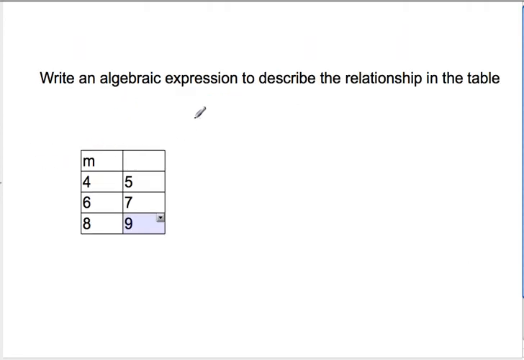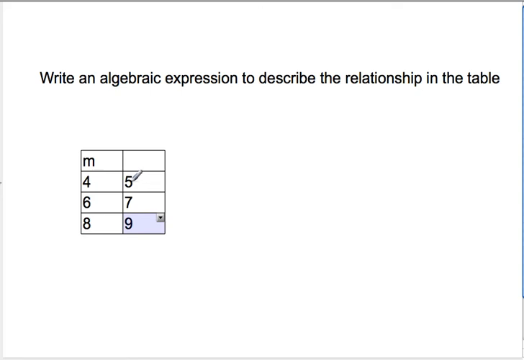Alright, now when you're given a chart or a table of values, it's helpful to be able to write an algebraic expression to describe the relationship. So if we say M is 4, and the expression needs to be 5, well, what would have to happen to 4 to get a 5?